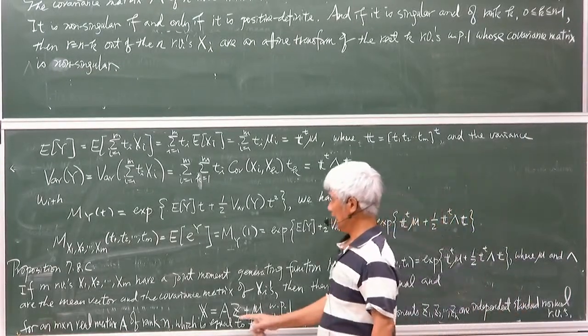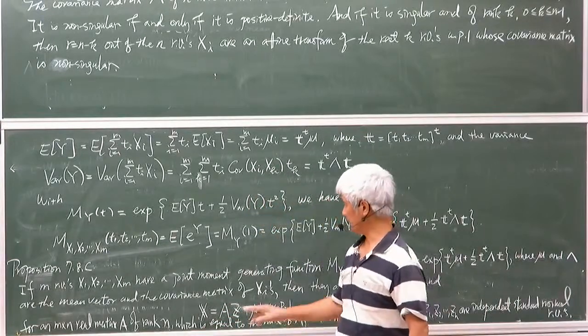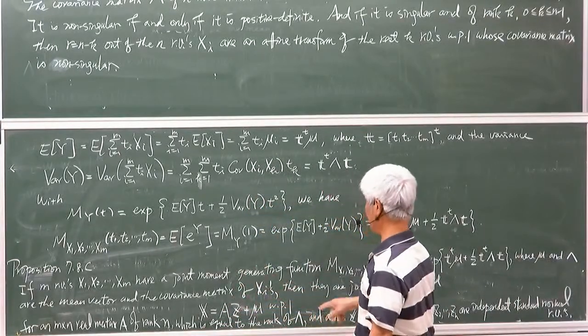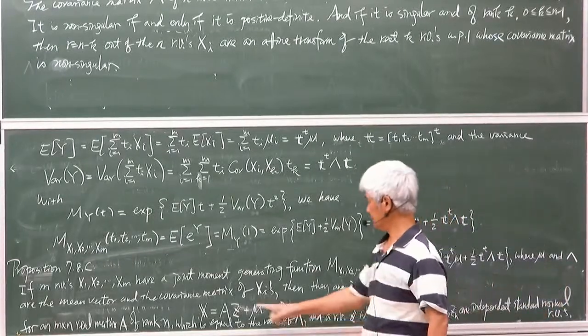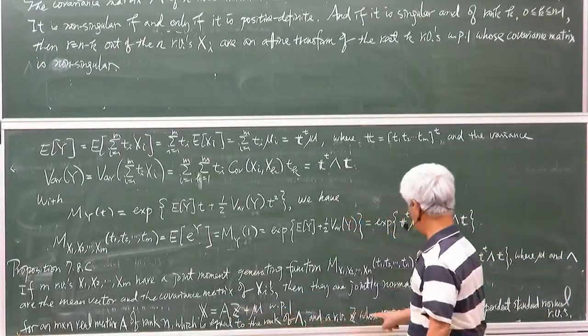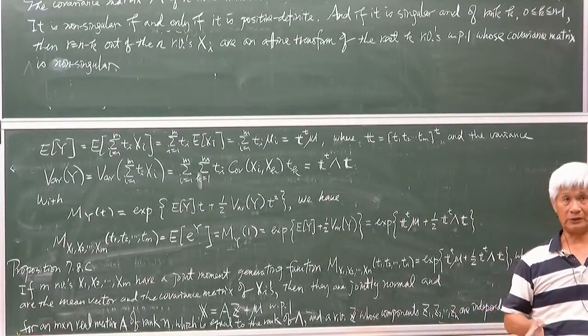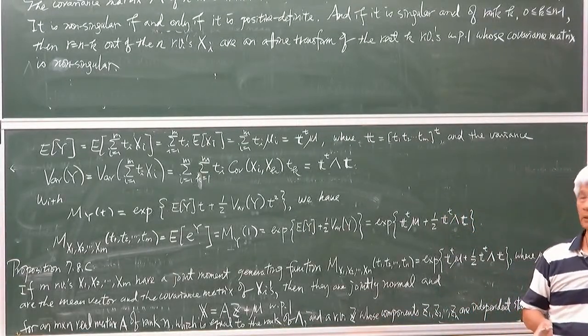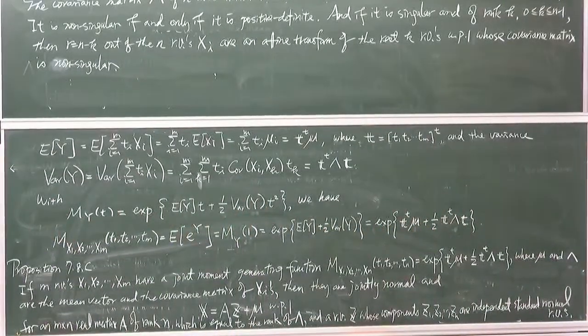And A has the same rank as the covariance matrix lambda, and the components of Z, which are Z1 up to Zn, are independent standard normal random variables. So this proposition gives us the converse of our discussion.